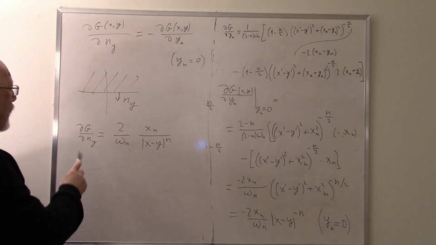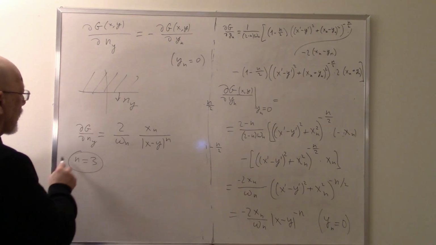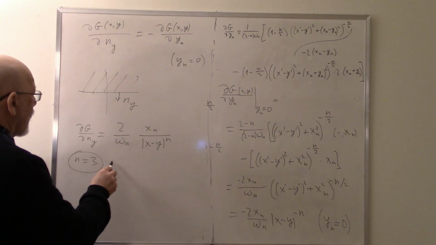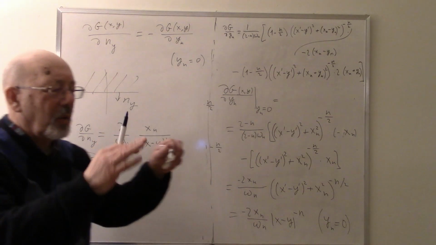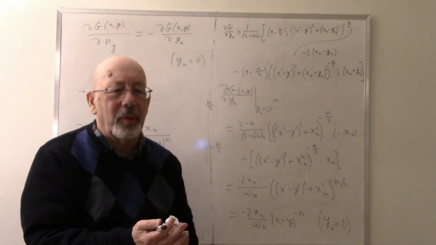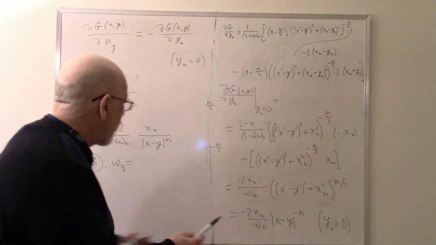Now, in particular, for n equals 3, let us see what it is. Omega 3 is the area of the unit sphere, the two-dimensional unit sphere in three-dimensional space. It is equal to 4 pi.